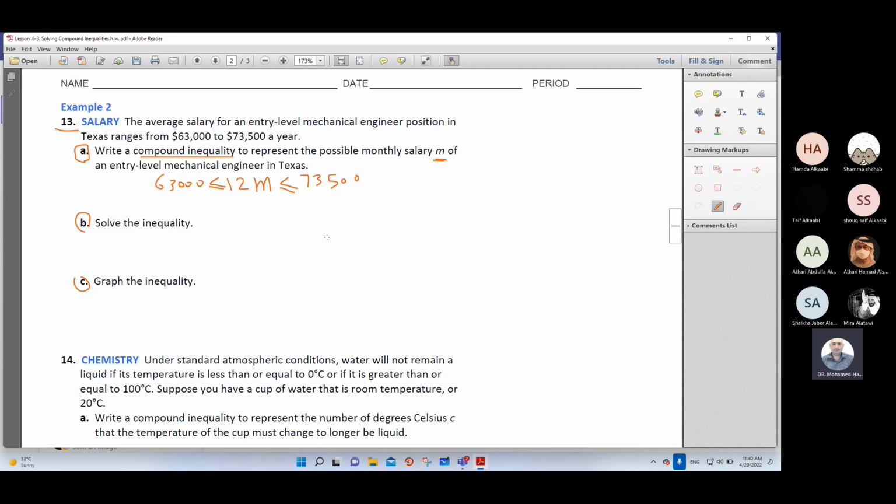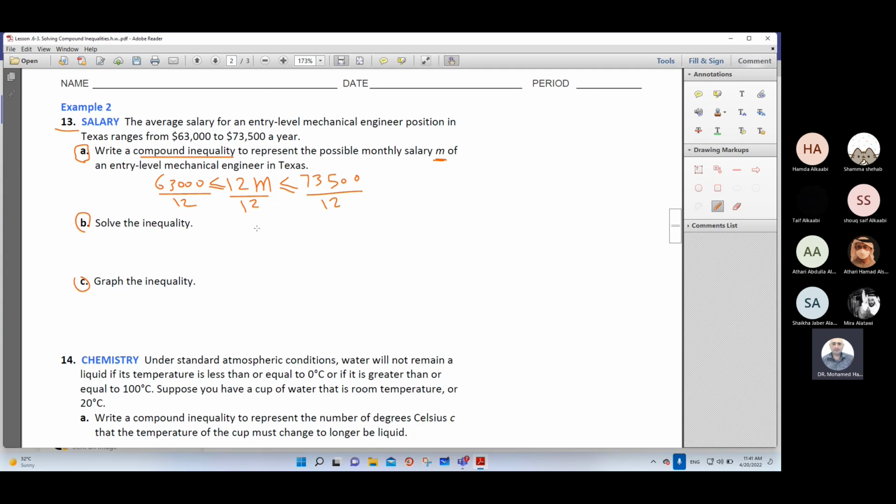Okay, you can check with me now. And here we have a compound inequality. We can separate it into two inequalities and solve it directly. We can remove 12 from the middle to keep the variable alone. So we can divide the inequalities by 12. Divide here by 12, here by 12, and here by 12.